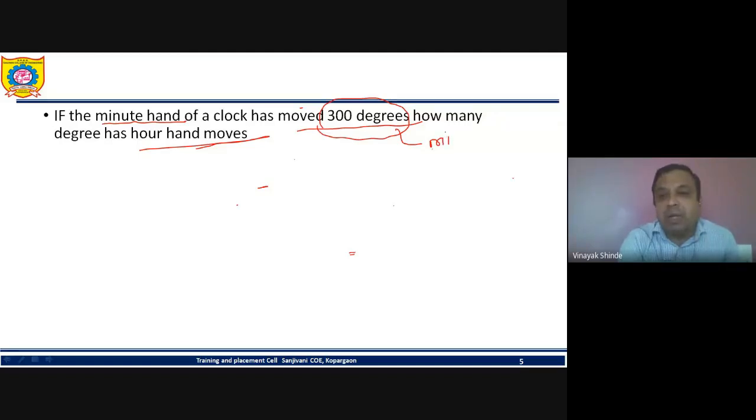If you know how many minutes there are, we can calculate how many degrees the hour hand travels. In 1 minute, the minute hand travels 6 degrees. In 300 degrees, how many minutes? Divide by 6: 300 divided by 6 is 50. So 300 degrees means 50 minutes.